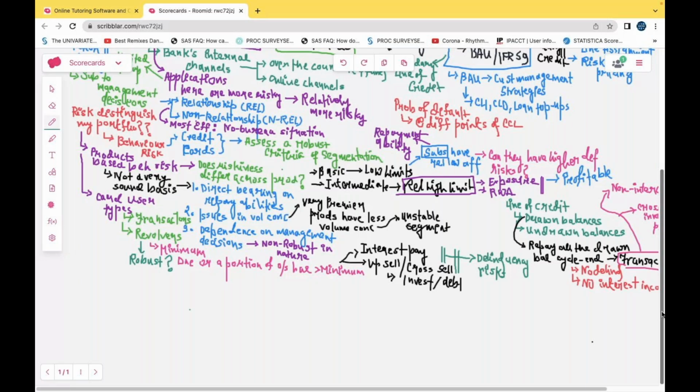We'll also explore the basic framework of acquisition and behavior scorecards, how they are used to take decisions, and some key variables.